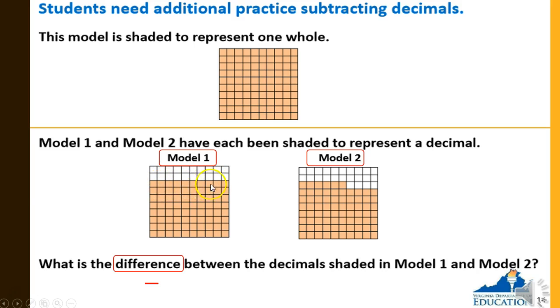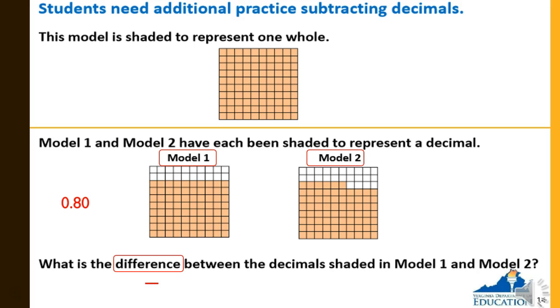So we're going to count the shaded part. 10, 20, 30, 40, 50, 60, 70, 80, and that's it. So 80. Okay, so we'll put that here, 80 hundredths, because 80 out of the 100 are shaded.